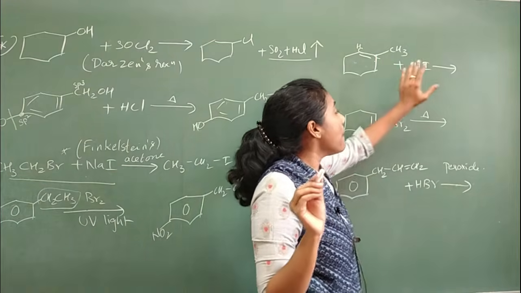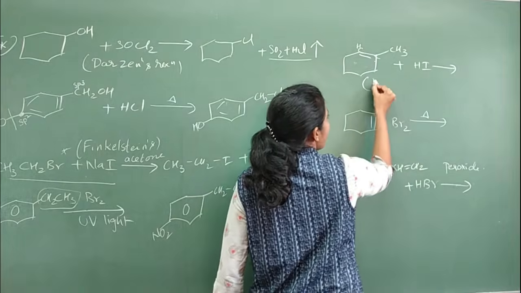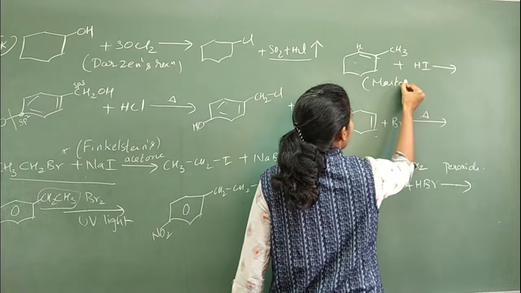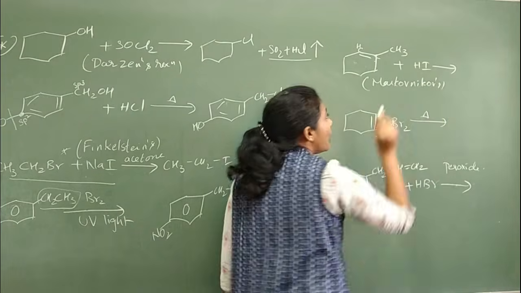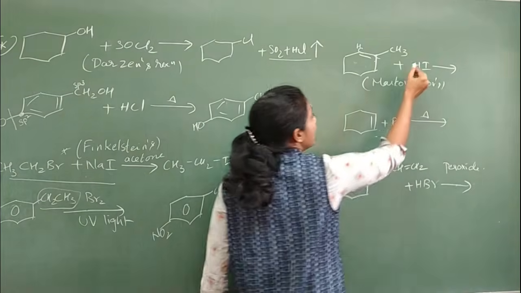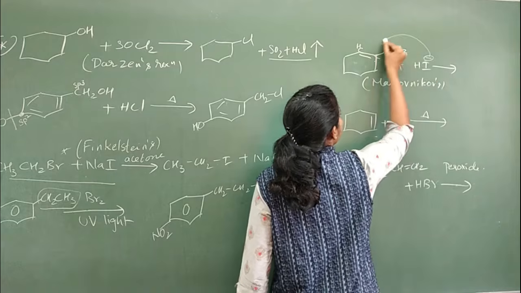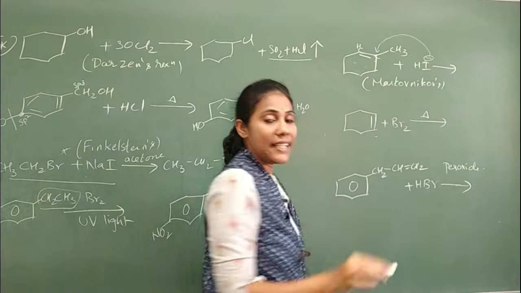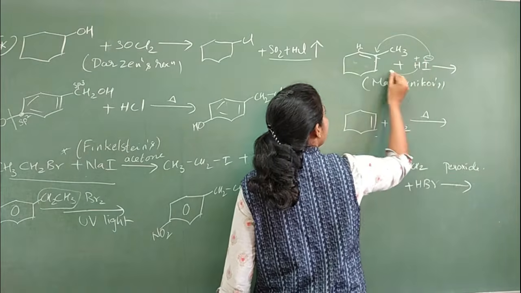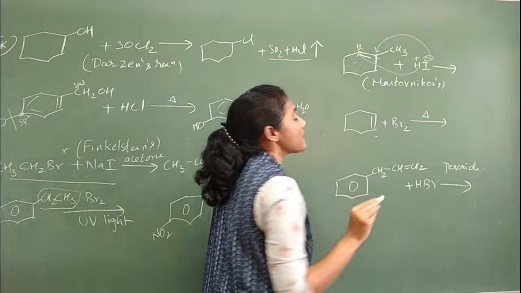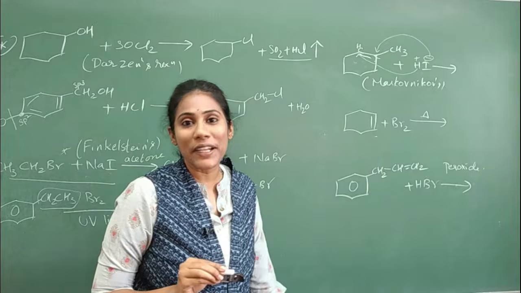So according to Markovnikov's rule, you have to do this reaction. According to Markovnikov's rule, the negative part gets added to the carbon atom having fewer hydrogens or no hydrogen, and the positive part gets added to the carbon atom which has more hydrogens.